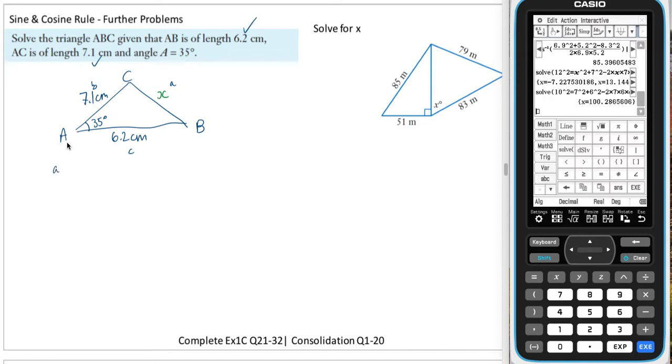Sub in our values, x squared is equal to... okay, and this one you don't even need to rearrange. You can just type this all in, take the square root, and you get your answer.